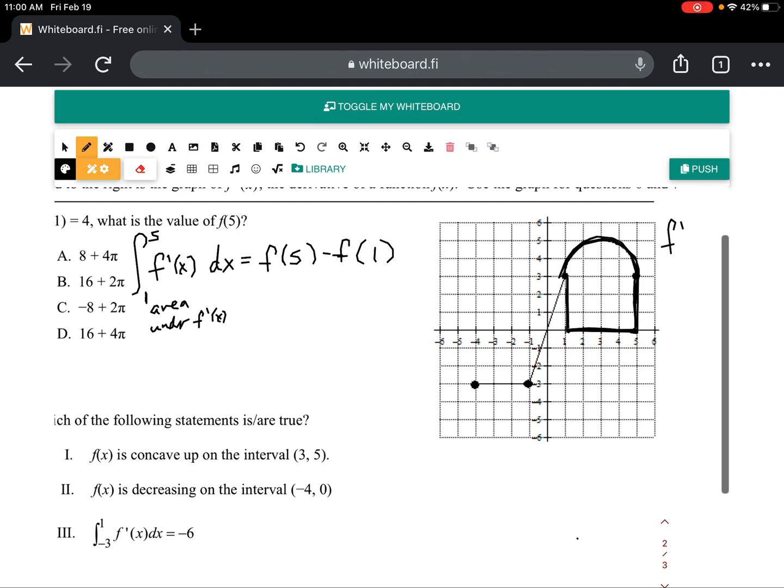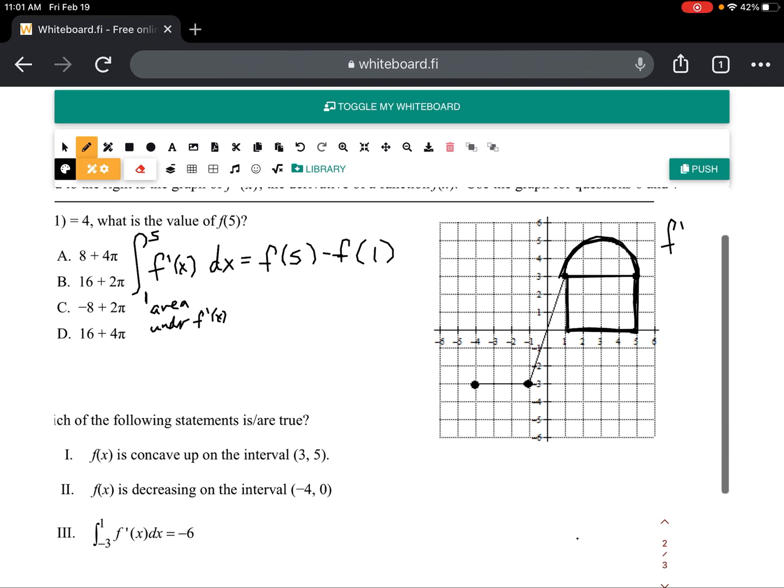Okay, what are the two shapes that we have? We have a rectangle and a semicircle.